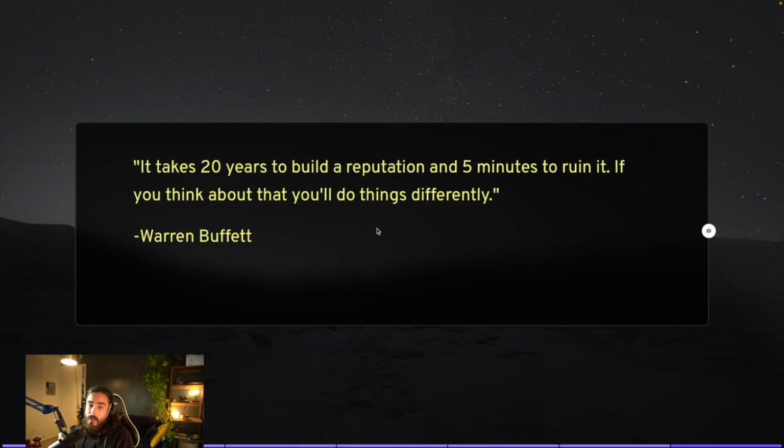Okay. Now, this is a quote from Warren Buffett. Basically says, it takes 20 years to build a reputation and 5 minutes to ruin it. If you think about that, you'll do things differently.